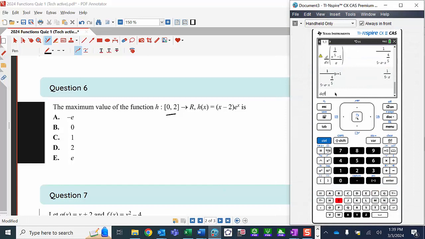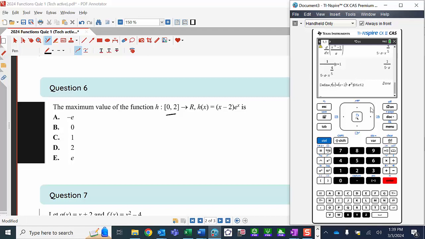So what I'll do is define f of x equal, what's the function? x take 2 times e to the x with 0 less than or equal to x less than or equal to 2, I think. Yeah, 2. Okay, so there it is over that domain.